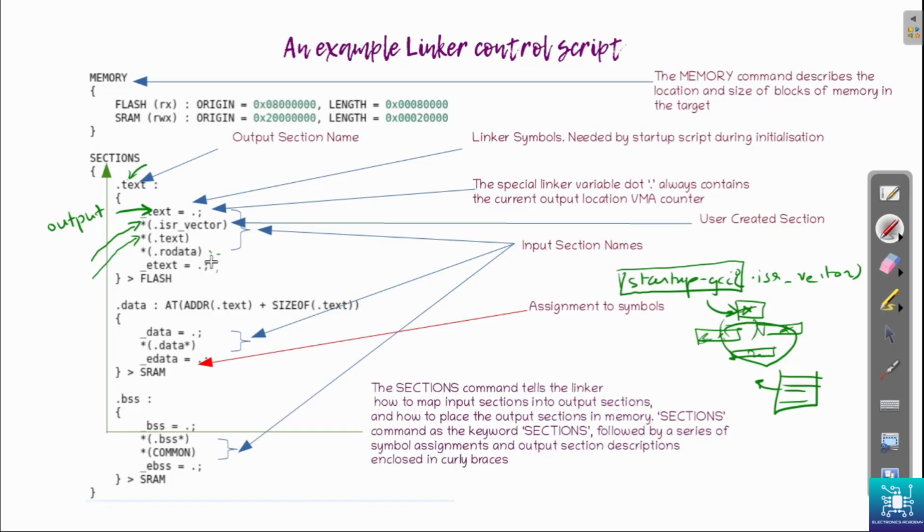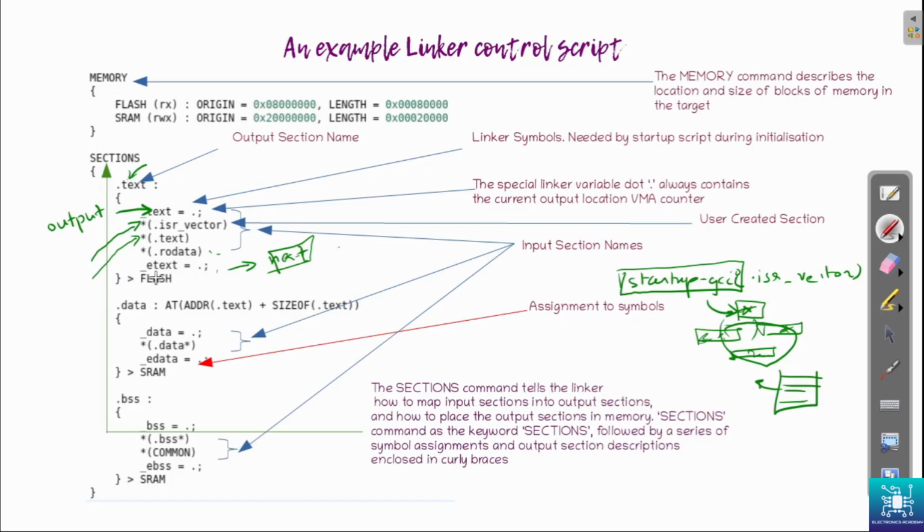So eText actually contains the next address location. It could be an aligned address location, it could be an unaligned address location, it could be anything.